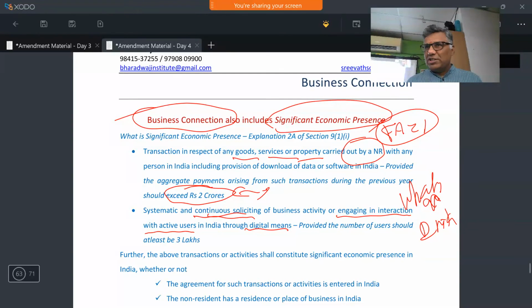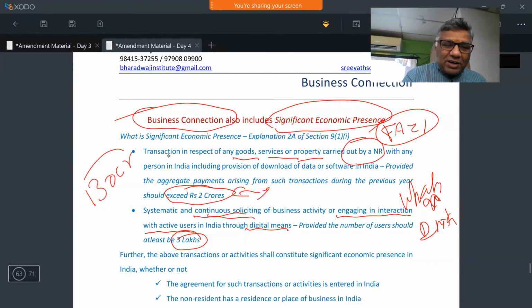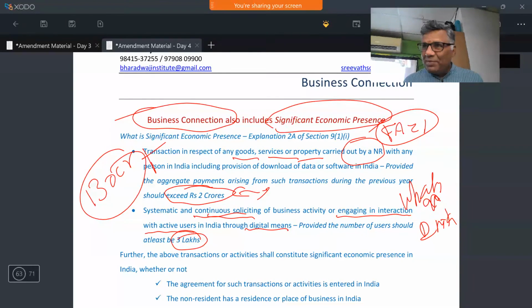Provided the number of users should at least be 3 lakhs. Where are we talking? In a country of 130 crores plus. We are only looking at 3 lakh people using, you have a significant economic presence in India. Indirectly, we are forcing them to open their PE in India so that the Indian income becomes taxable.